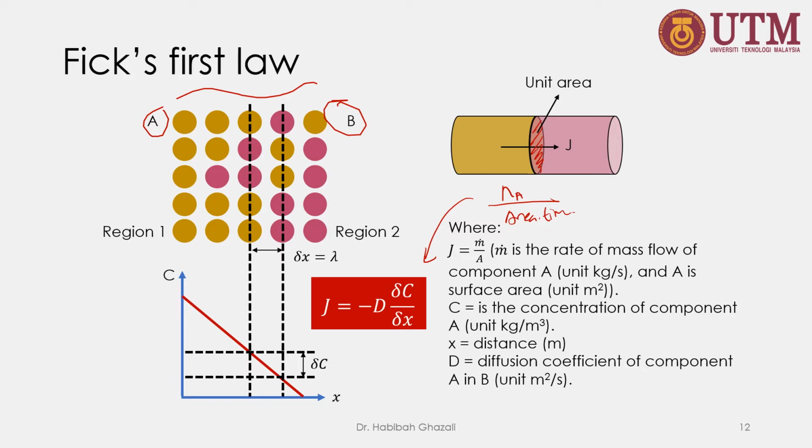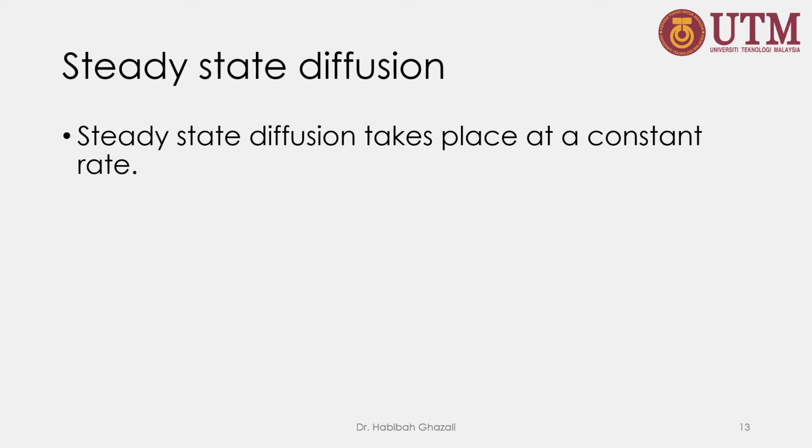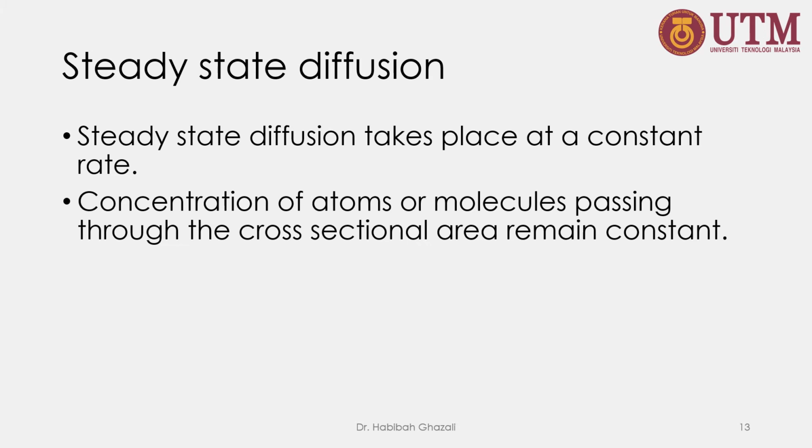In the next slide, we will use this to solve some problems. Before we do that, I would like to talk a little bit about steady-state diffusion. Steady-state diffusion is a diffusion process that takes place at a constant rate. That is, once the process starts, the number of atoms crossing a given interface, which is the flux, is constant with time.